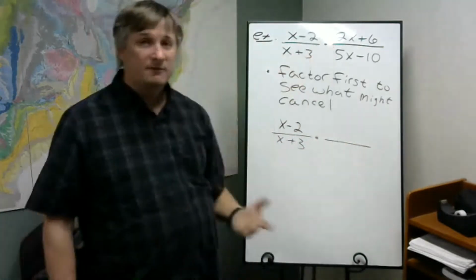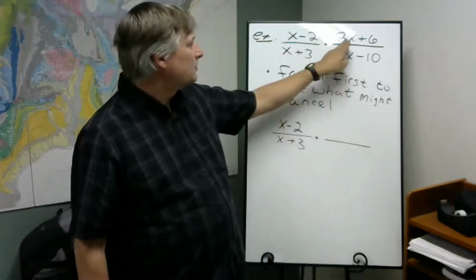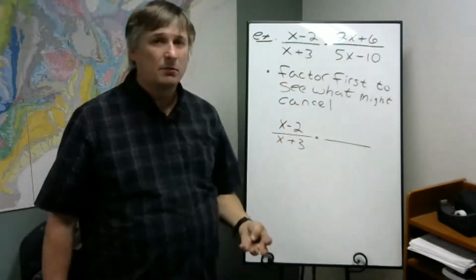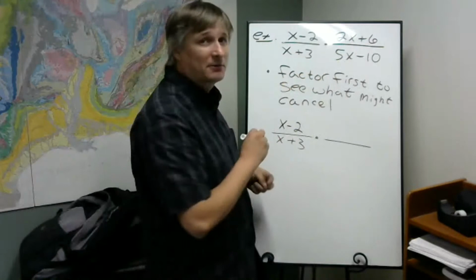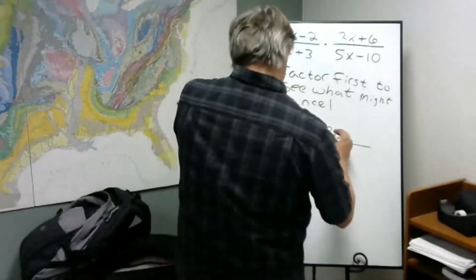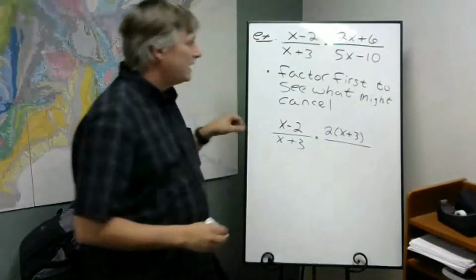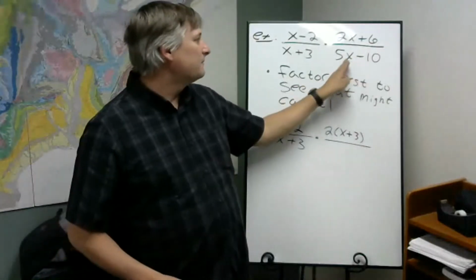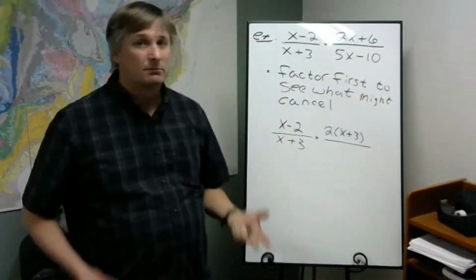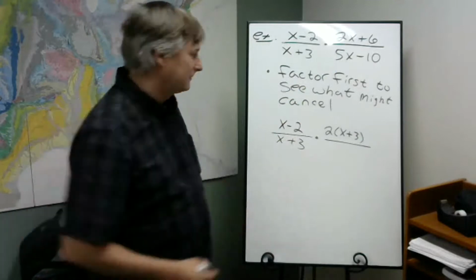But over here, we can factor some things. There's a 2 common to both those terms. So we can factor the 2 out. And then here, there's a 5 common to both these terms. We can factor that out.